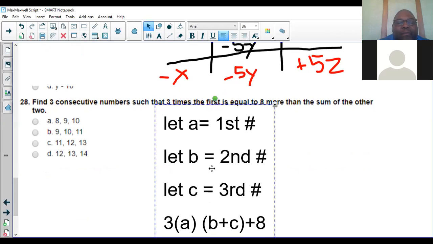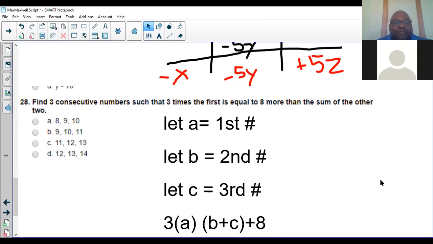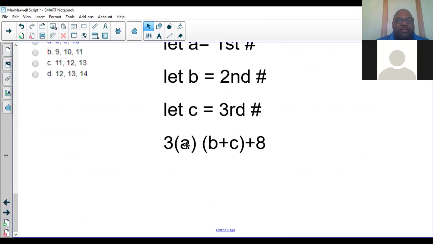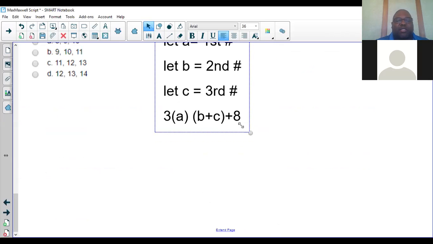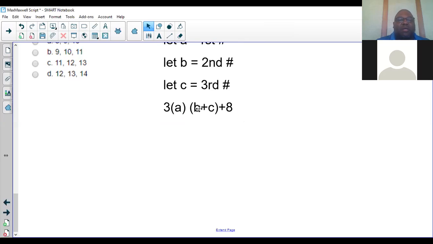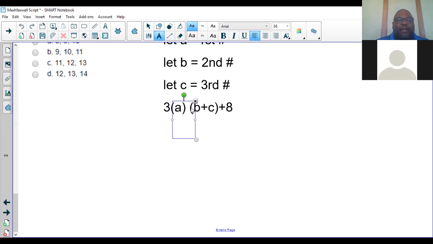Now, it says that 3 times the first number should be 8 more than the sum of B and C. So that's how we want to write it. And then we're going to guess and check.